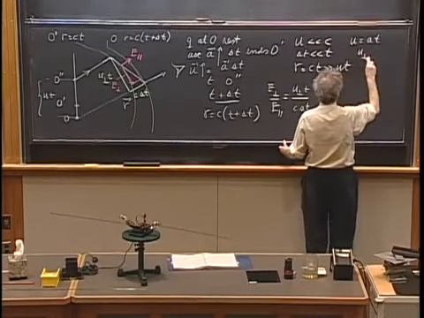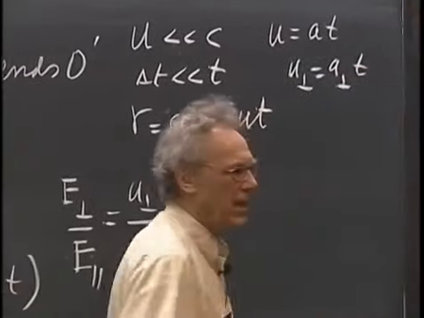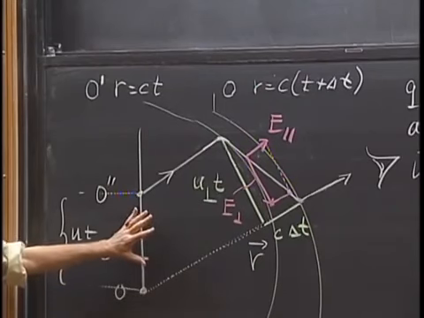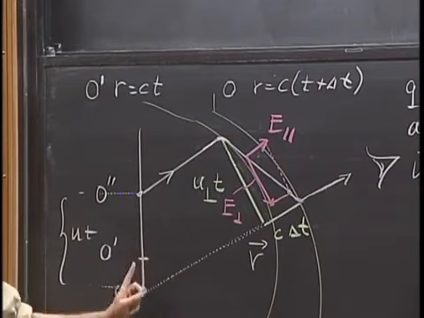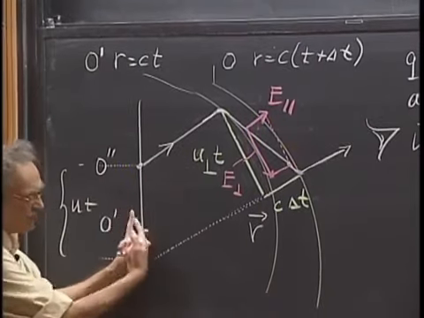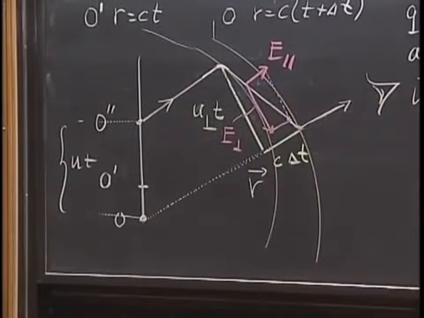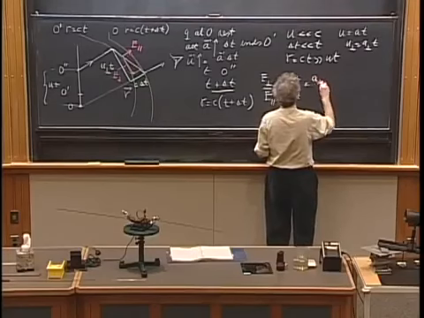So u perpendicular is a perpendicular times t. A perpendicular is now the component of the acceleration perpendicular to r. I don't want to put it in here because it becomes too cluttered, but I will make a new drawing shortly. I'll put the a in there. Acceleration is in this direction, and so a perpendicular is like this. And so I can replace u perpendicular t by a perpendicular.